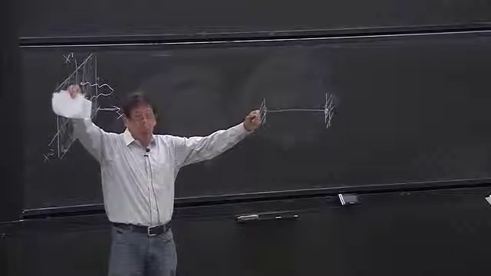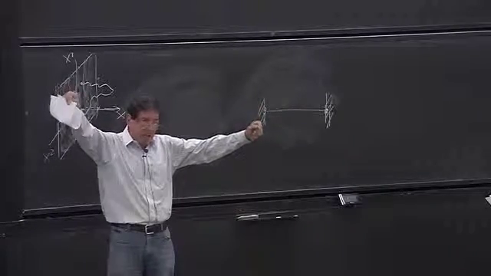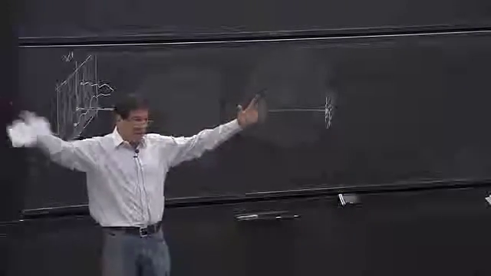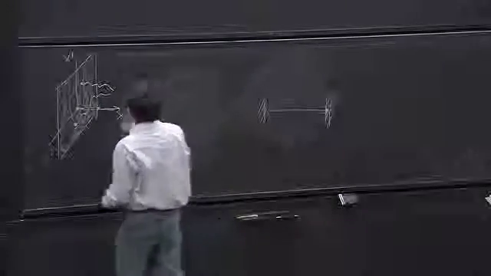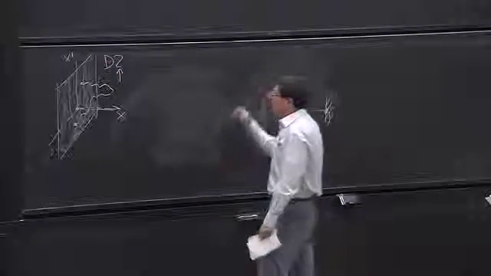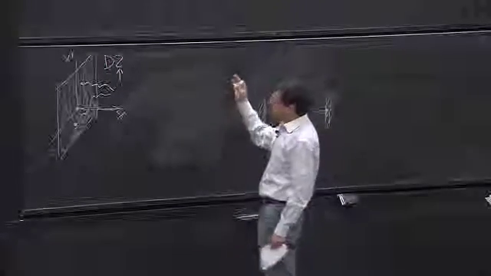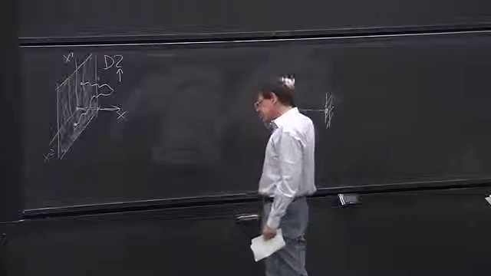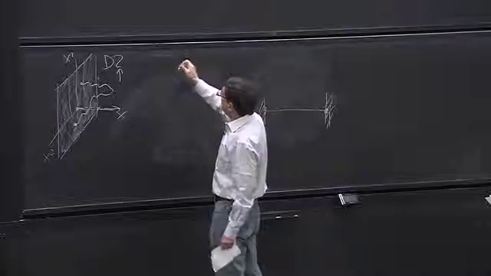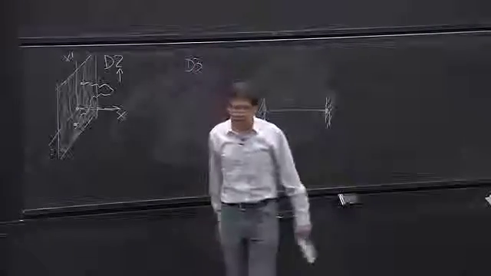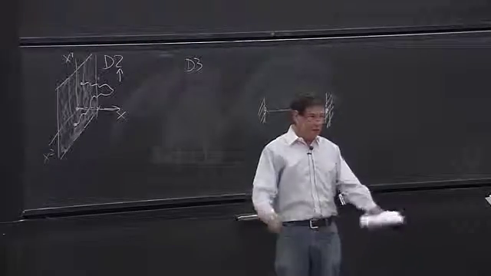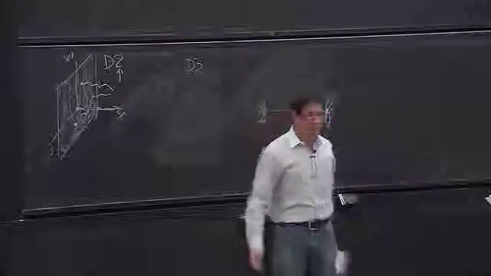Because the open strings' endpoints must stay on the D-brane. So if they're free to move, it must be because the D-brane is space filling. This would be called a D2-brane because it has two spatial dimensions. Now, before we take up the issue that string theory has 10 dimensions or whatever, you can think of D3-branes. If you had a D3-brane, it would fill 3 spatial dimensions, would fill this room. The strings would seem to be free.